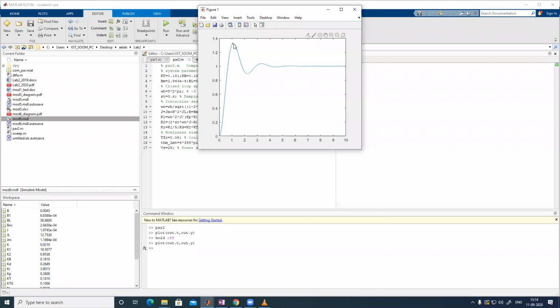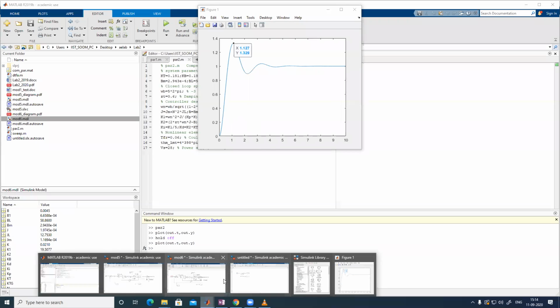This will be the response, and the peak is coming here. The peak time is 1.12 and the maximum value is 1.32 for this linear system.